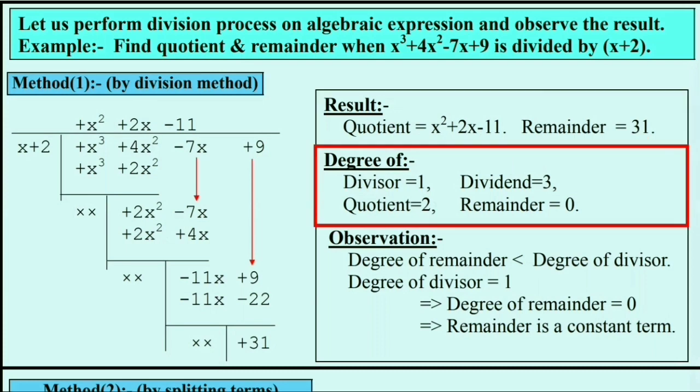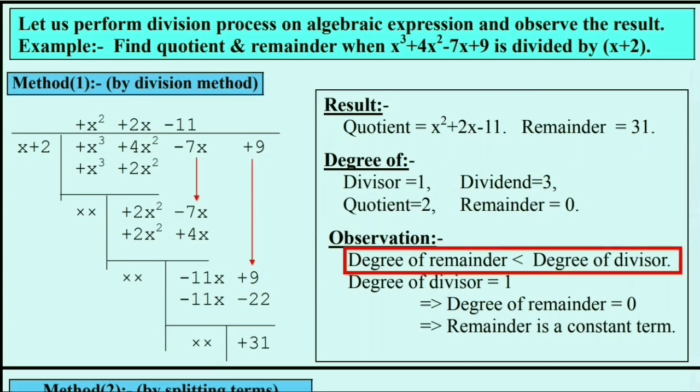In this division, the degree of the divisor is 1 and the degree of dividend is 3. And after the division, the degree of the quotient obtained is 2 and the degree of the remainder obtained is 0.